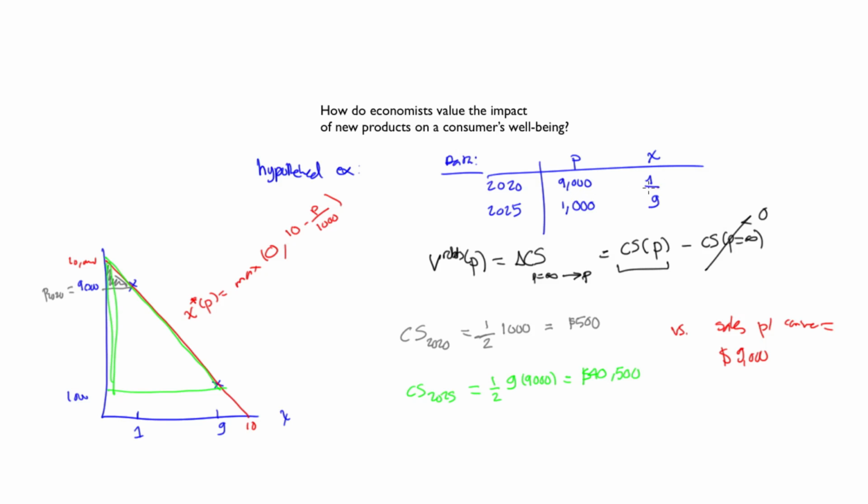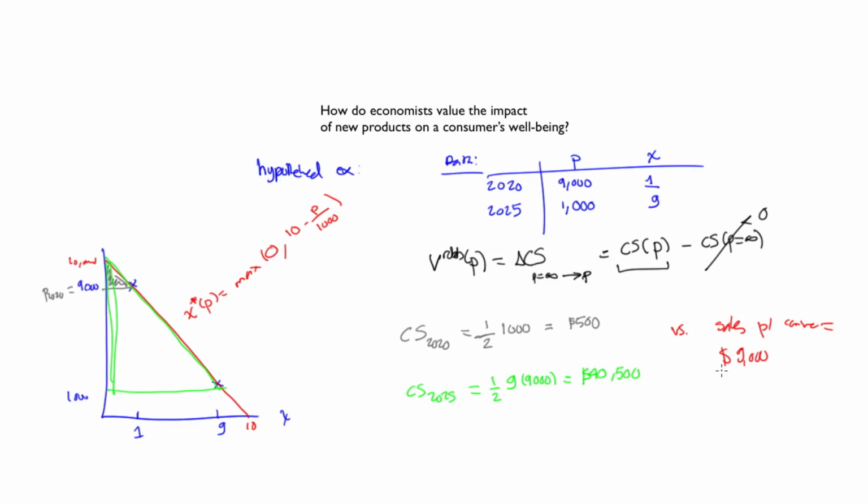Here, there is only one robot bought at 9,000, here 9 at 1,000. And yet, when the price is high, so the consumer has barely started demanding anything, the consumer surplus is small relative to total sales. By the time the prices have gone down and are very close to zero, the consumer surplus is very large, and it's actually several times the total sales.